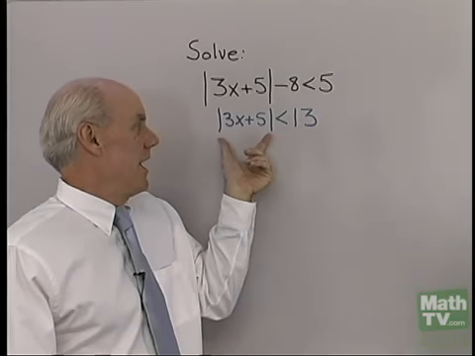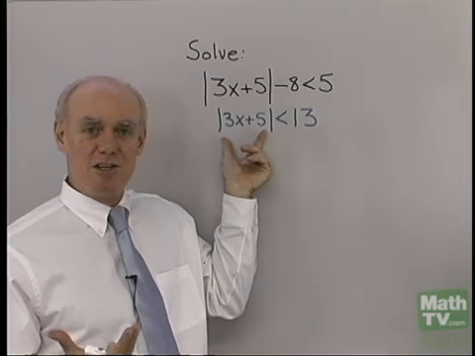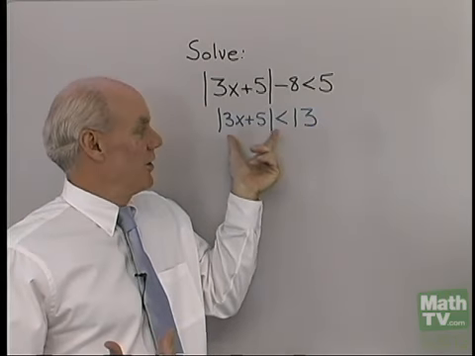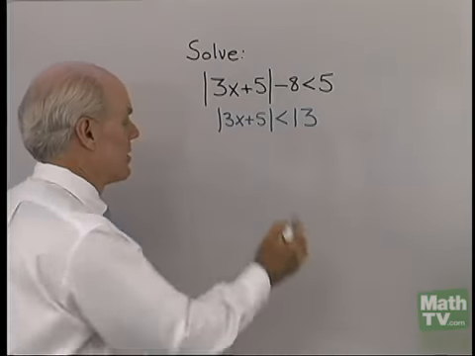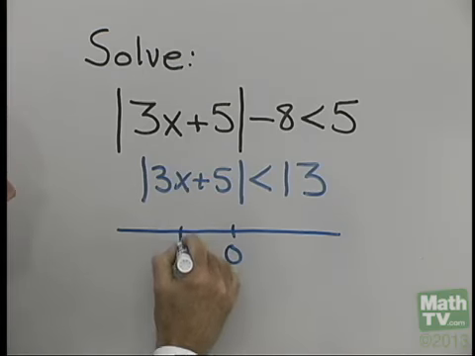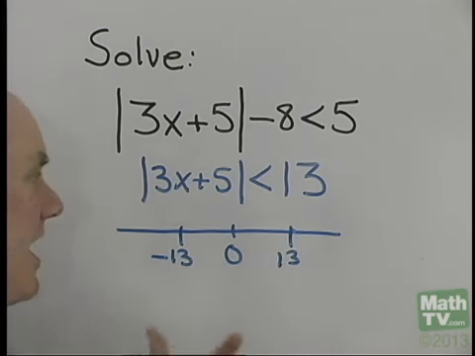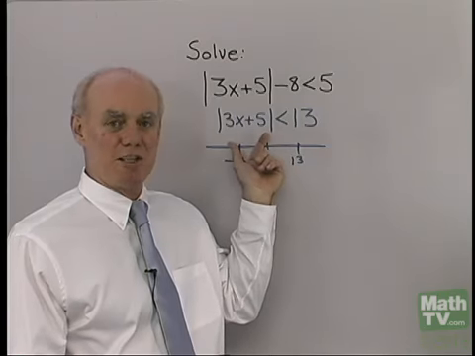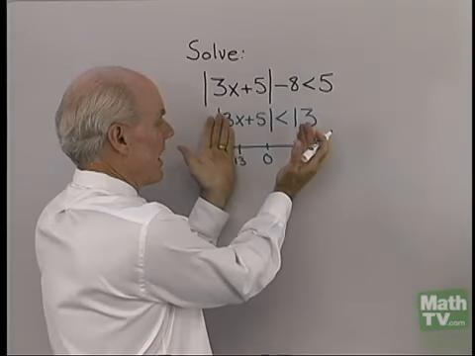I reason it out this way. The absolute value of 3x plus 5 is its distance from 0 on the number line. What this expression tells me is that that's less than 13 units. So I'm going to draw a number line here. I'm going to put in 0, negative 13, and positive 13, and ask myself where the expression 3x plus 5 is. Well, it's less than 13 units from 0, so it's got to be in here.